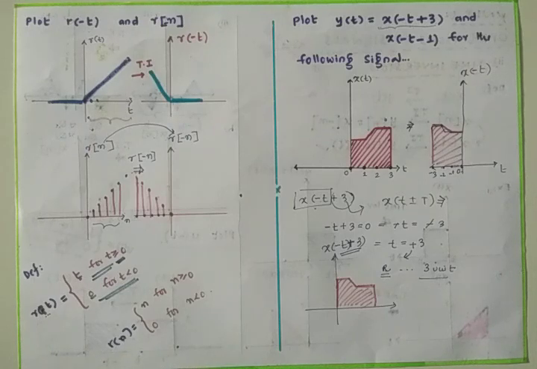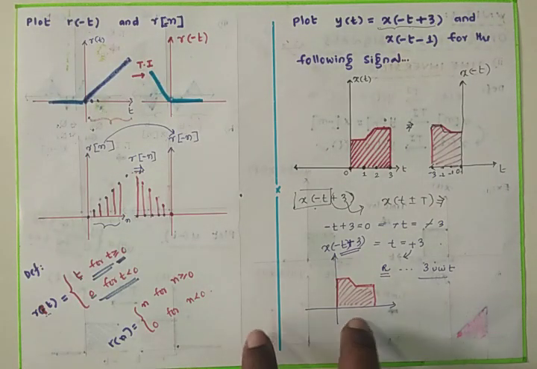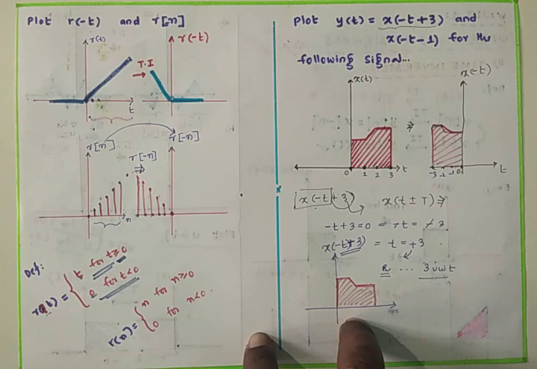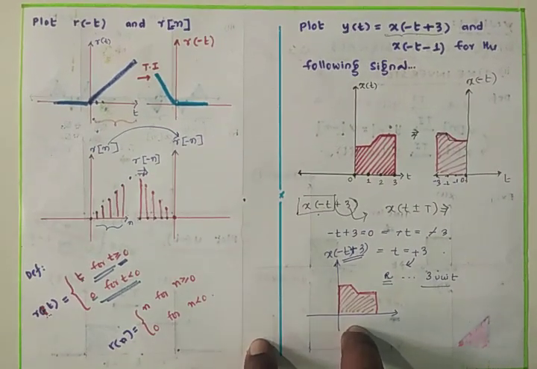That means you take minus t minus 1 is equal to 0, so that t is equal to minus 1. T is equal to minus 1 means the minus indicates the signal shifts to the left side, and 1 indicates 1 unit. So first you have to draw the time reversal signal. After that you have to apply the time shifting such that you can get the required signal.